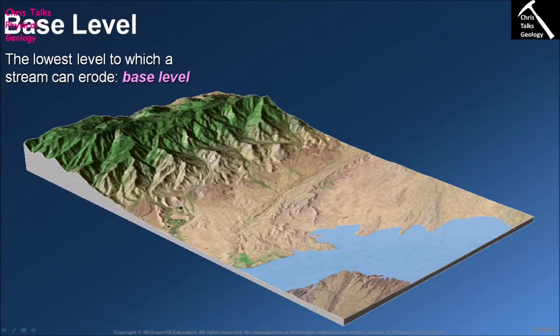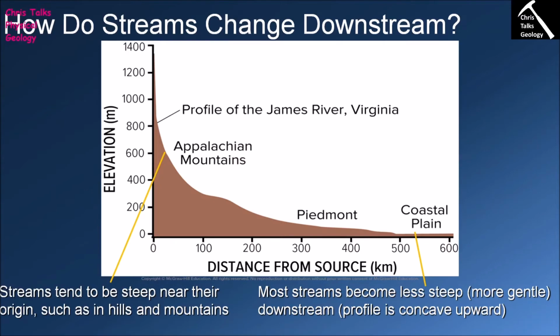So when we look at a river, the river can only erode down to what is referred to as its base level. And the standard base level, the ultimate base level, should I say, is sea level. So we know that rivers cannot erode below sea level. So if we just go back to the previous diagram here for a second, we know if sea level is right here, that our river will be incapable of eroding below that point.